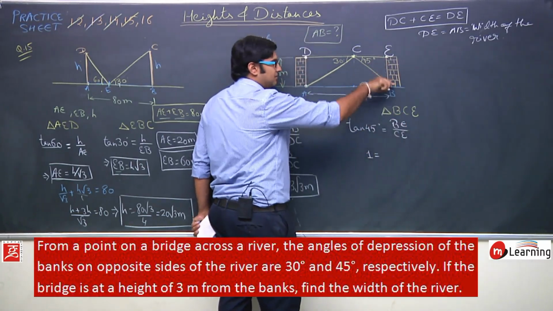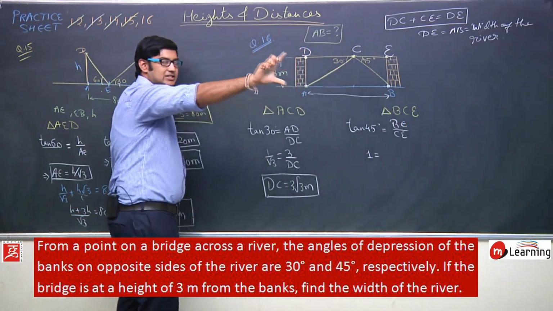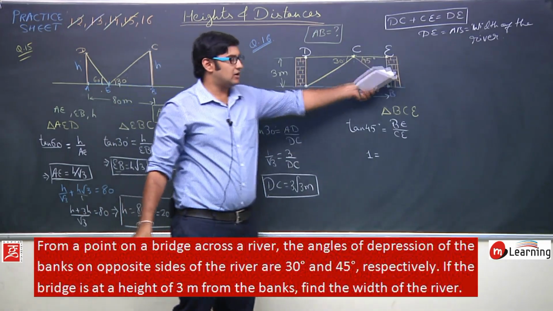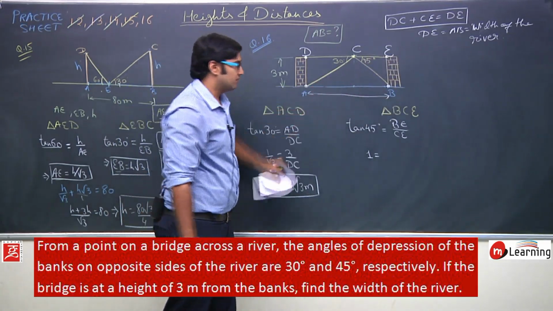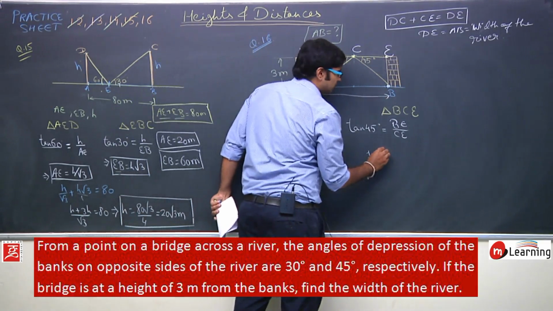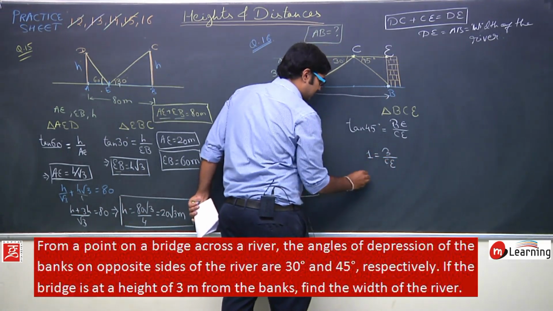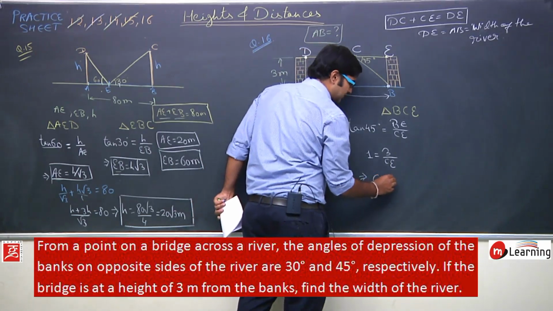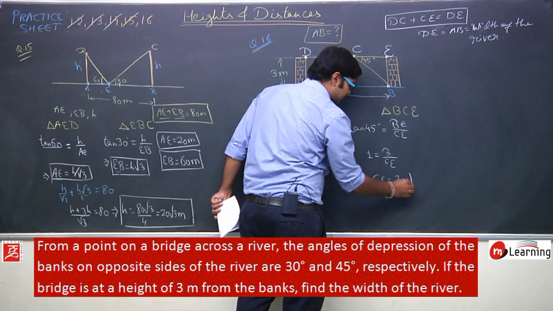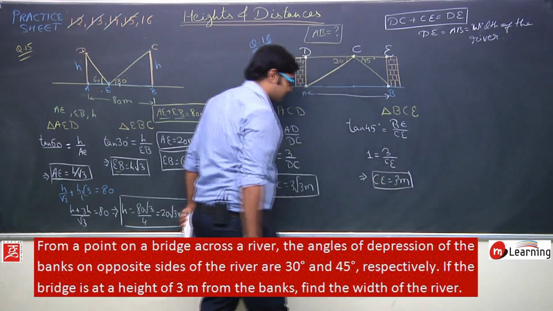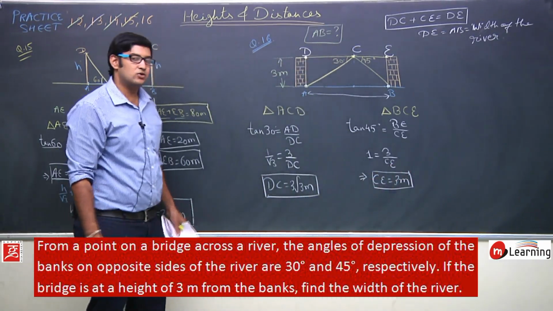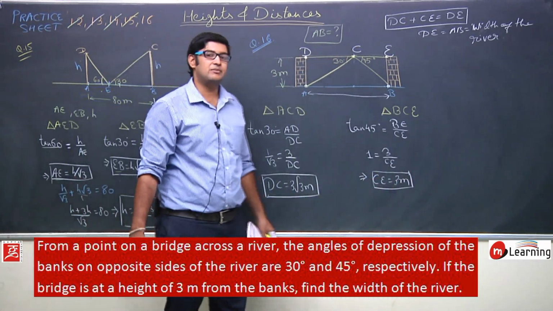So what is BE? BE is equal to AD because this is the height of the bridge. Okay, so 1 is equal to 3 upon CE. We don't know the value of CE. This implies CE is equal to 3 meters. So DC is 3 root 3 meters and CE is 3 meters.